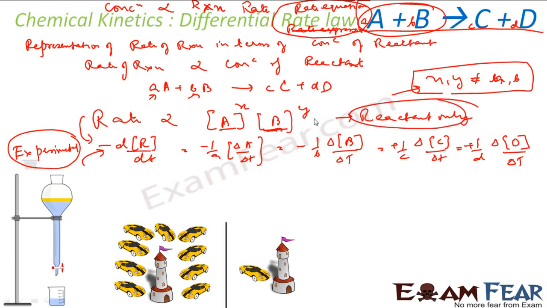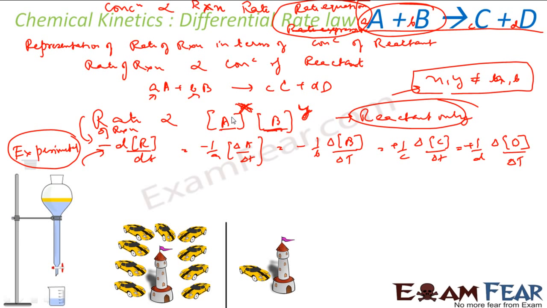So rate law is nothing but we represent the rate of reaction in terms of concentration of reactants. And experimentally it is seen that rate is directly proportional to concentration of A and B, that is my reactant, but the power is not the stoichiometric coefficient, it is some values X and Y, and that is experimentally found.